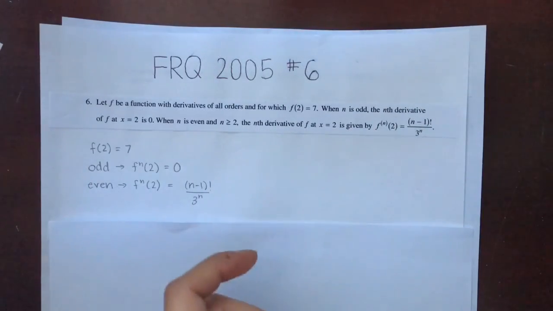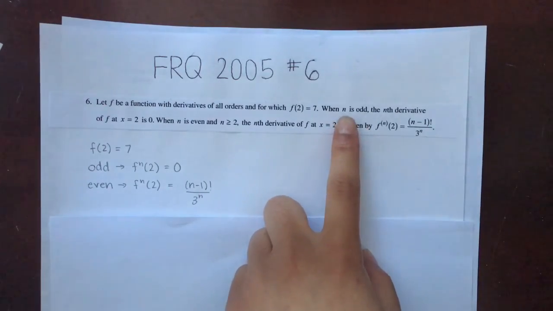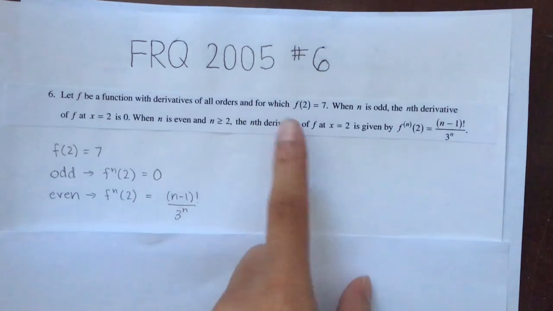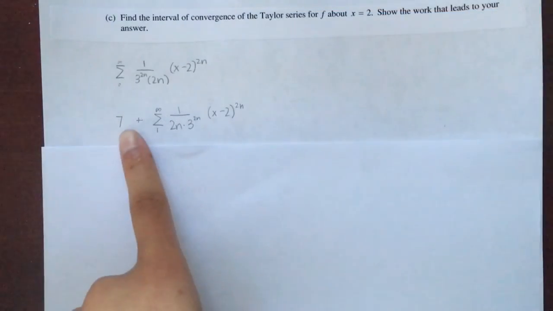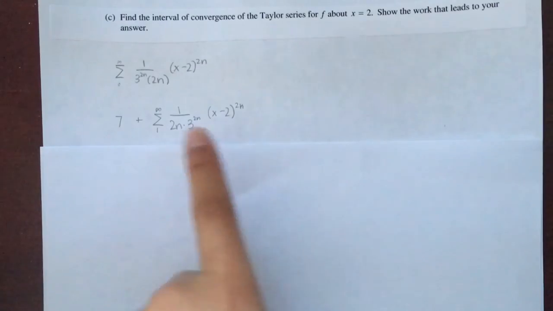N is 1 is fine because there are no limitations on the domain of n when n is odd. But that still leaves the question of what happens when n is 0. Luckily we're given that. When n is 0, f of 2 is 7. So we start with 7 and then add on the rest of the series, going from 1 to infinity.